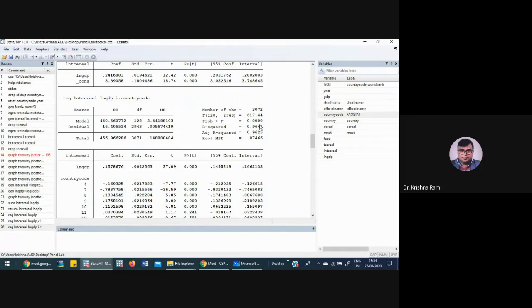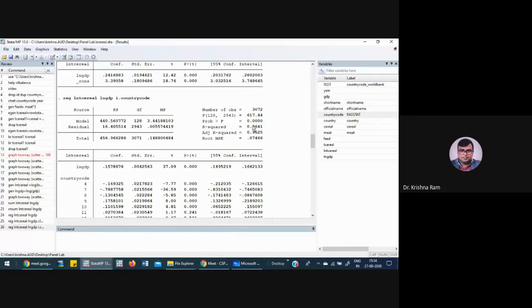And look here at the R square. R square now becomes 0.96. That means 96% of the variation in total cereal consumption is explained by all these variables. So accounting for cross-country heterogeneity in the model, R square becomes 0.96.